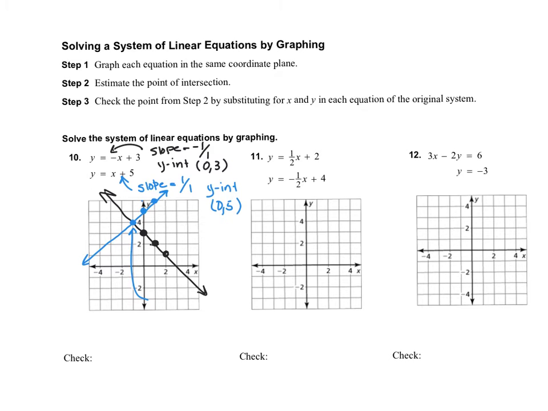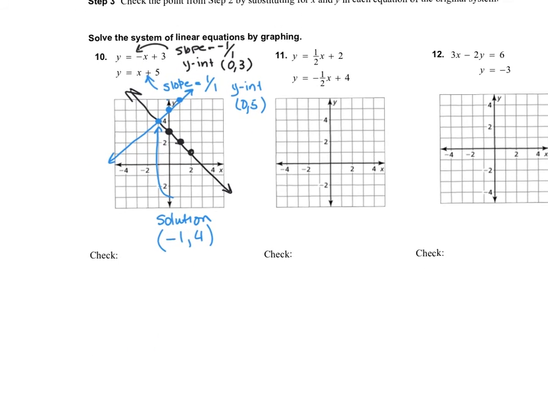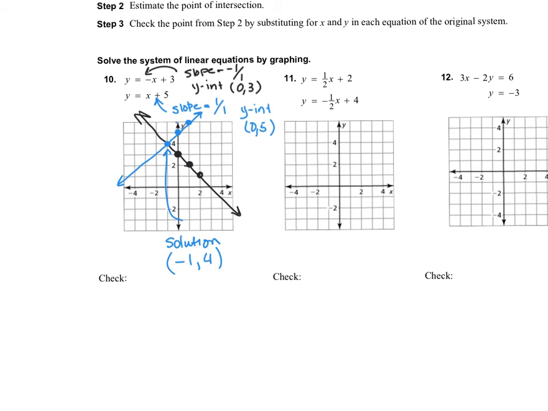So the point of intersection is at (-1, 4). So therefore, that's your solution. You can check this by plugging in -1 for x and 4 for y into both equations to make sure you have the right solution. It may be important when you can't tell where the lines intersect exactly.